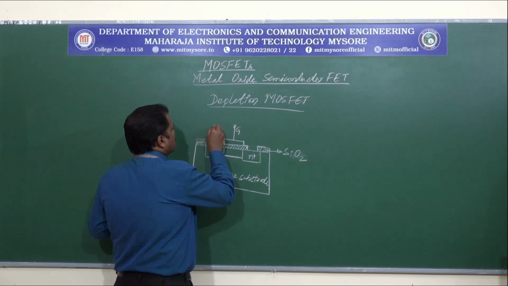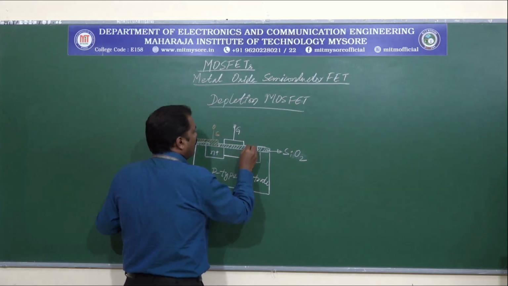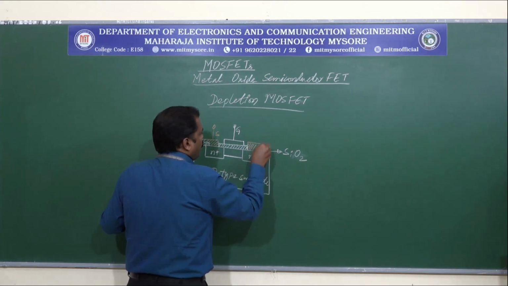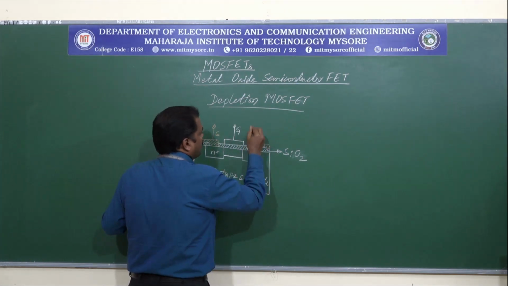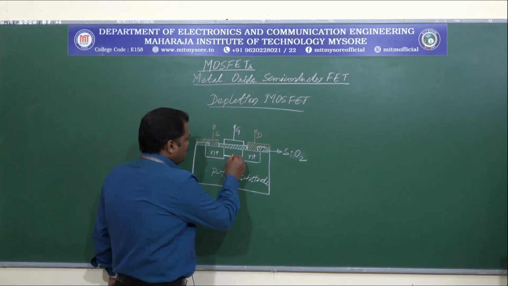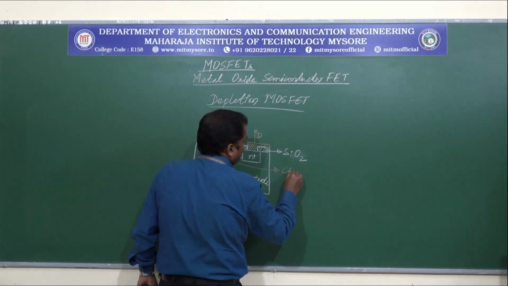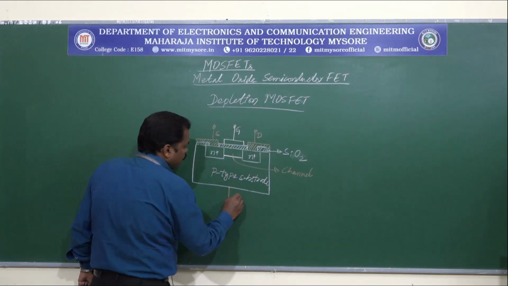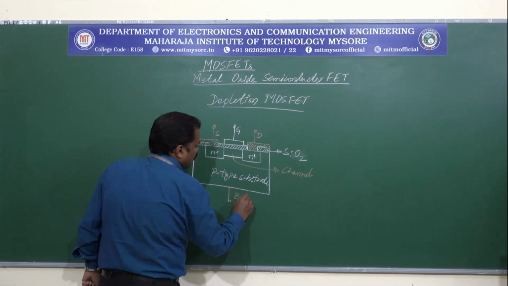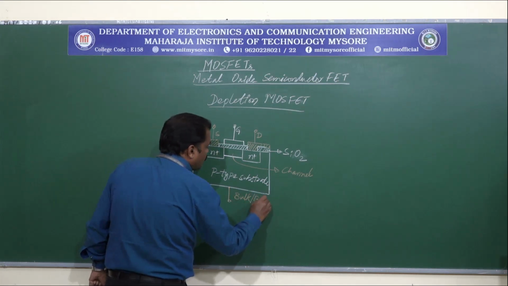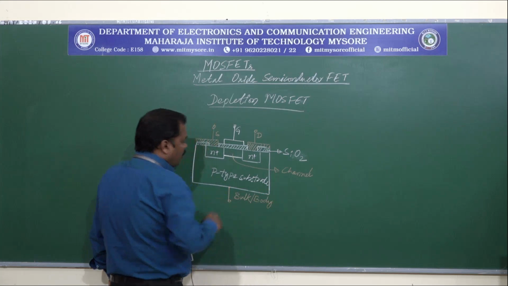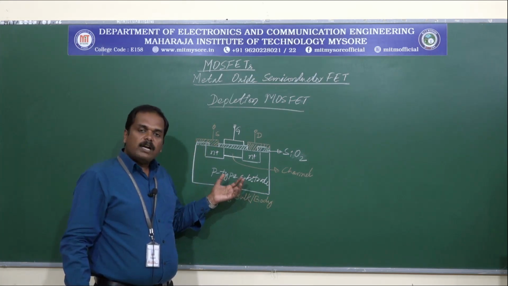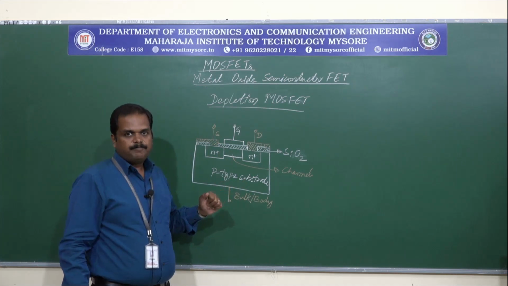This works as the source terminal, and the metal layer deposited here will be working as the drain terminal, and this is the channel, and this works as the bulk or body, or this can also be called the substrate. So this is the construction of the depletion mode transistor.